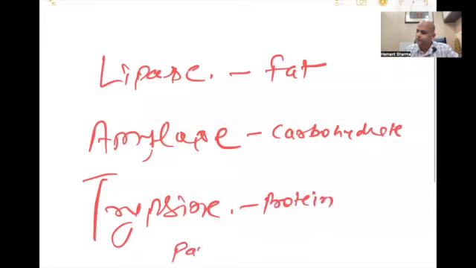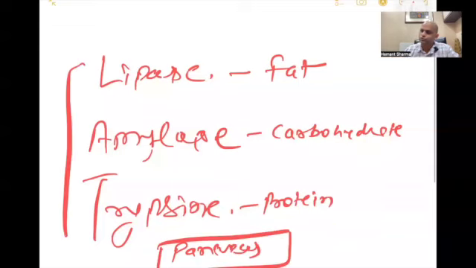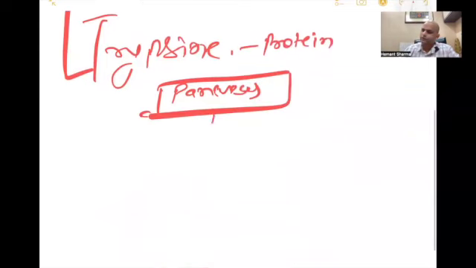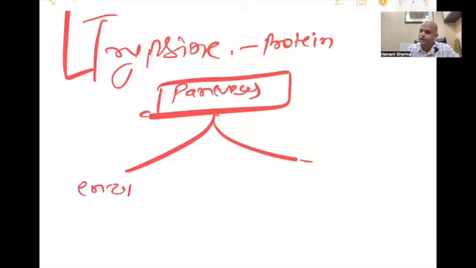So the pancreas is also a very big gland that is responsible for digestion. Do not think the pancreas is just for sugar metabolism. The pancreas can be divided into two parts. Number one, the part that secretes enzymes, and I told you the LAT enzymes: lipase, amylase, trypsin.